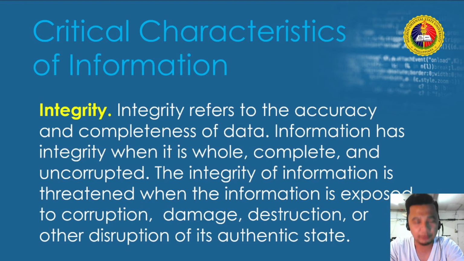Let's say your document should be clear and readable, not torn, clean, not corrupted, with no missing files. To maintain its integrity, information must be complete, with no damage, no destruction, and it must be in its authentic state.